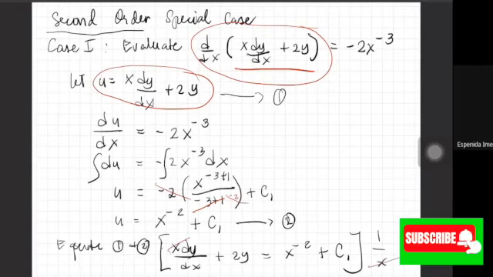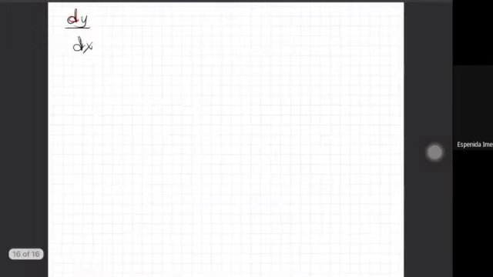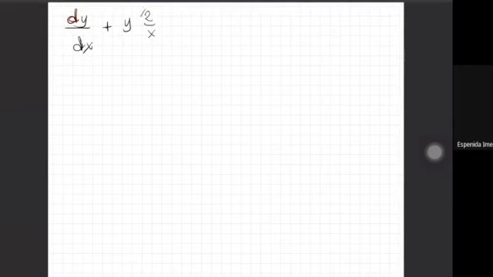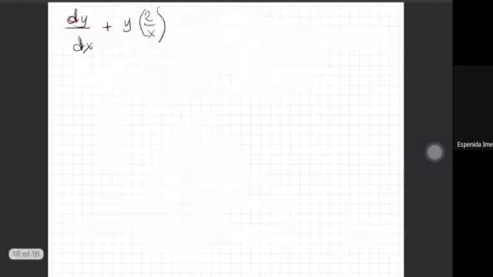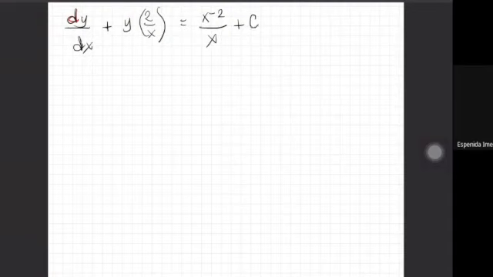So the next slide should be y first, and then plus 2 over x. Isolating this, meaning you have identified your p of x as equal to 2 over x. Okay, class? So you can have a denominator of x. On the right side, we have x to the negative 2 over x plus c sub 1.